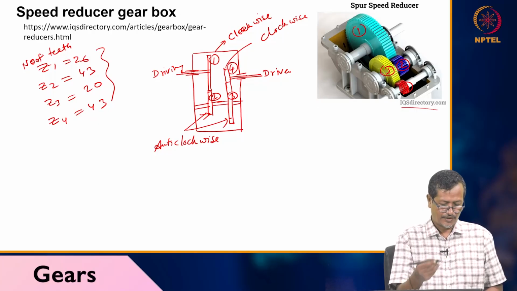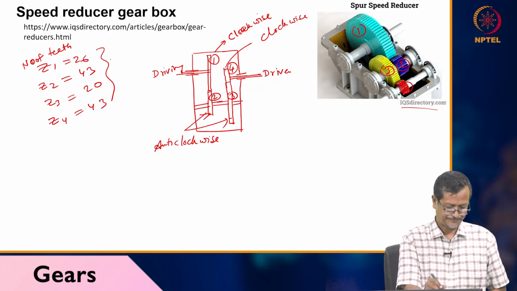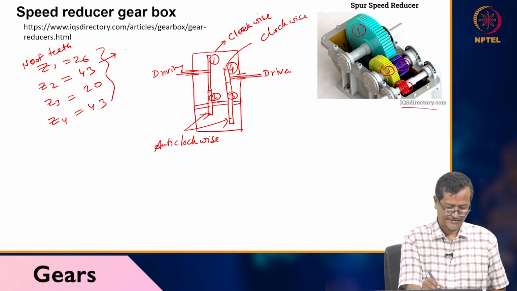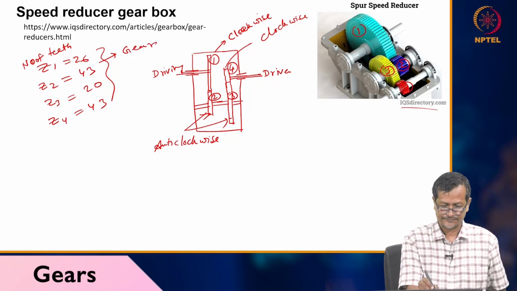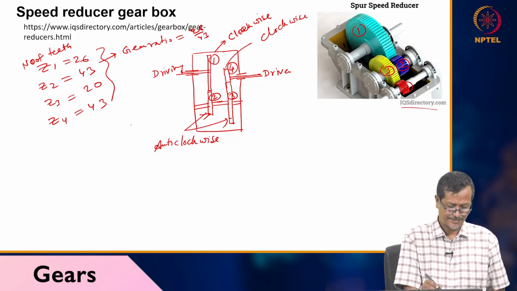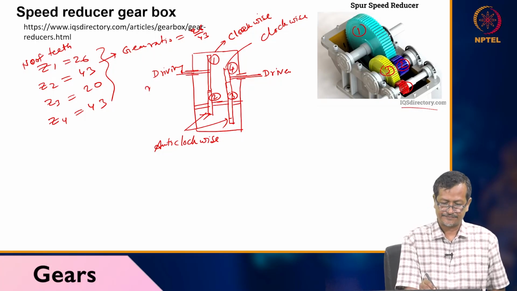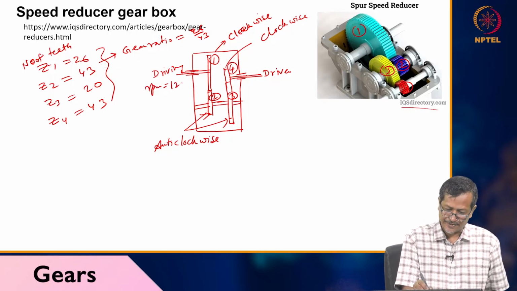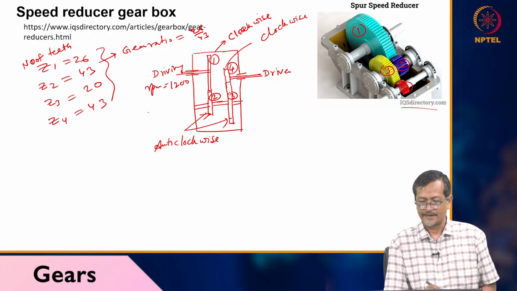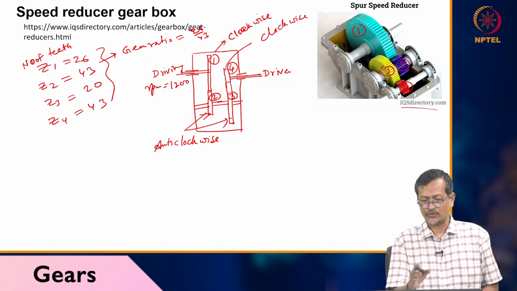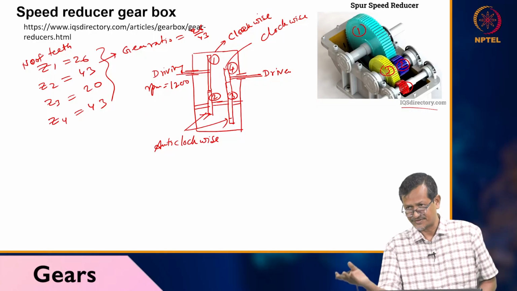So now what is the gear ratio? This one, 26 by 43. And if the input shaft RPM, let's say driving shaft RPM, is 1200, what will be the RPM of the driven shaft?